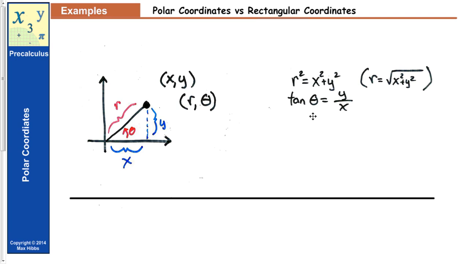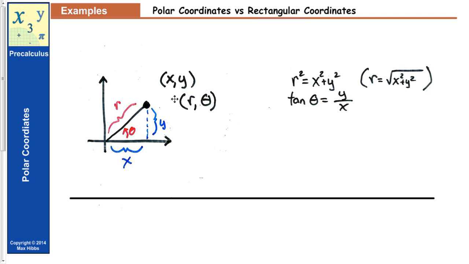Usually we say a squared plus b squared is equal to c squared, but our a is x, our b is y, and our c is r. Now I've written it as r squared is equal to x squared plus y squared. And one thing that we could do here, if we were measuring r as a positive value, then r would be nothing more than the square root of x squared plus y squared.